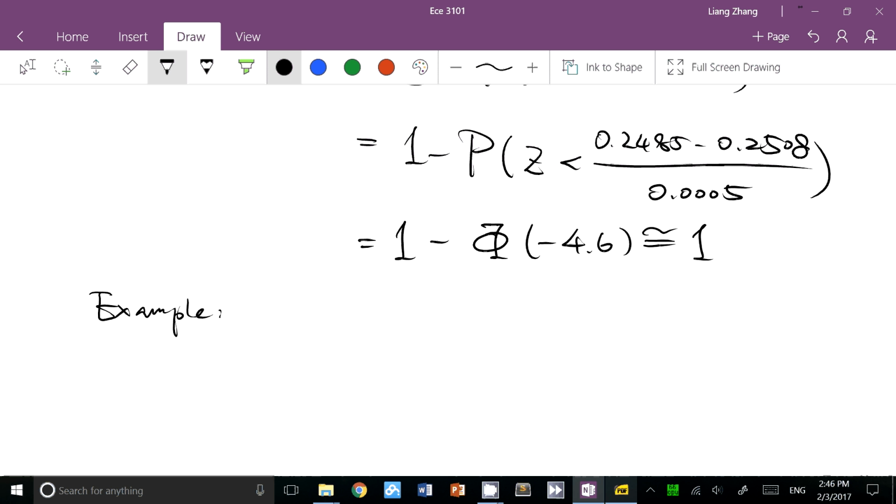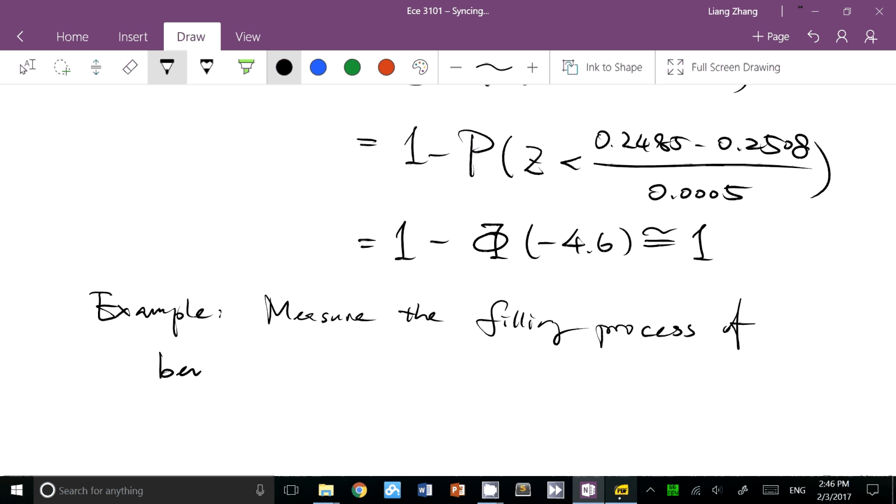Let's say we are measuring the filling process of a beverage production line. When you fill the bottle with certain liquid, you want to make sure it doesn't go below a certain number, right?